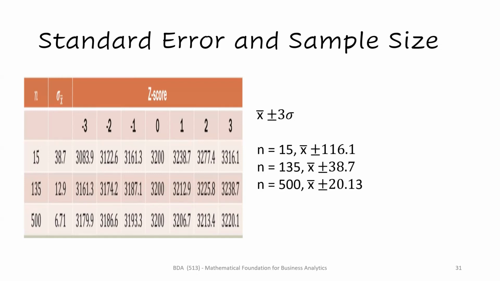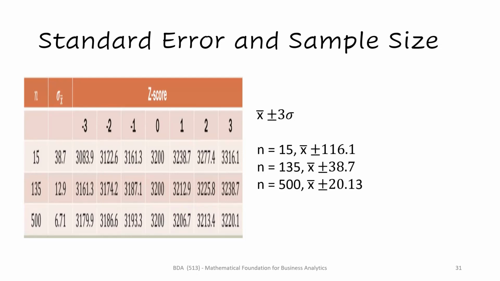So if we want the third standard deviation, we multiply the standard deviation of 38.7 by 3, and you get 116.1. That will be to the left or to the right, which is why we have negative and then positive.